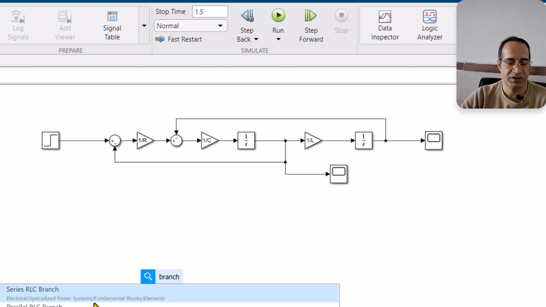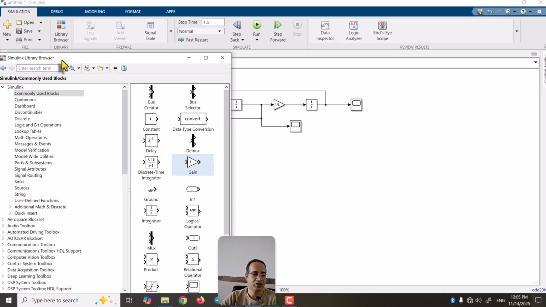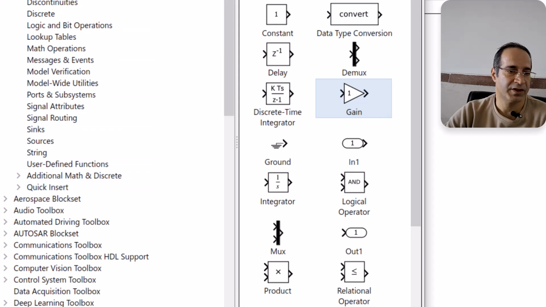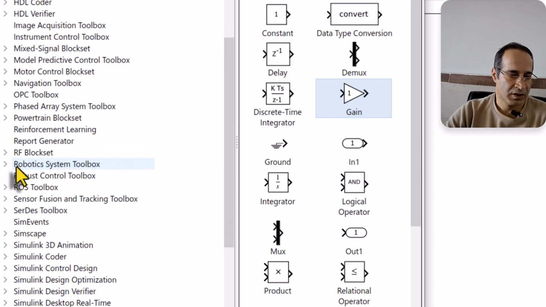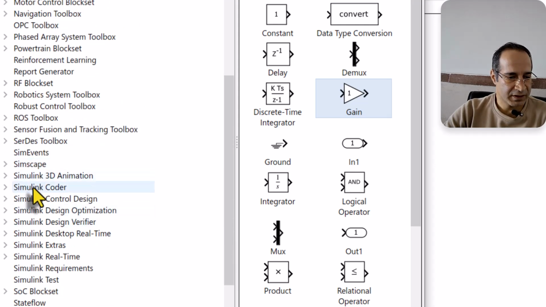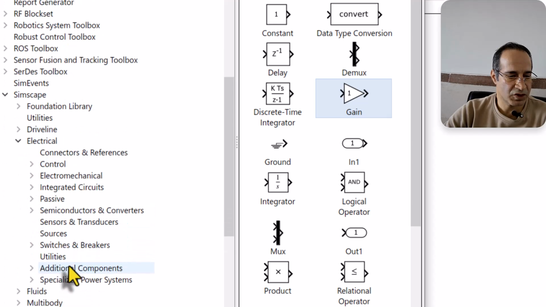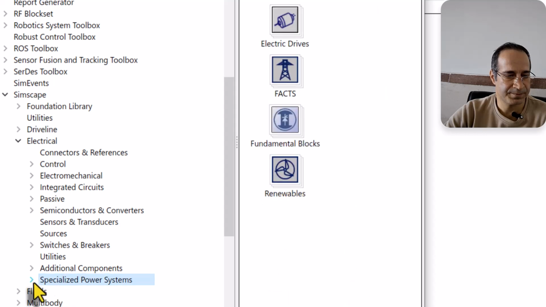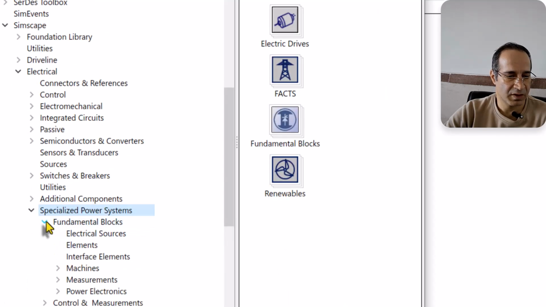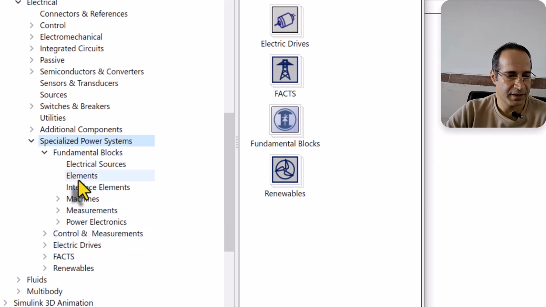Electrical specialized power system fundamental blocks elements. I can use this directory to find the series RLC branch. Simulink, Simscape, electrical, specialized power system, fundamental blocks, and elements.